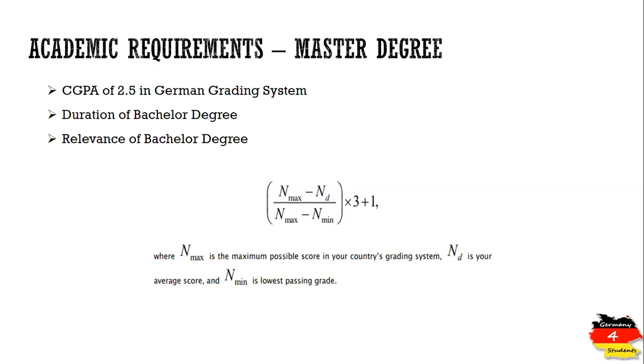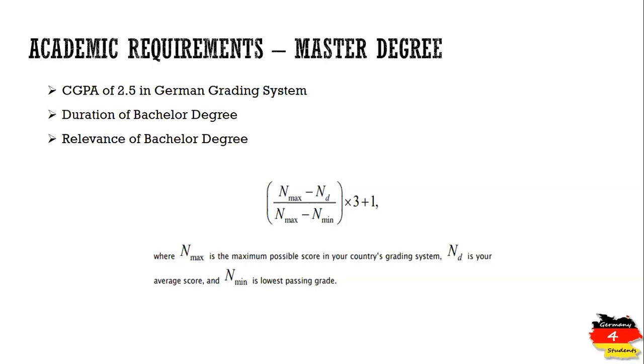Now, N max is the maximum score that is possible to acquire, which in some countries is percentage. In this case, it will be 100. In some countries, 4 is the maximum, and in some countries, 10 is the maximum.